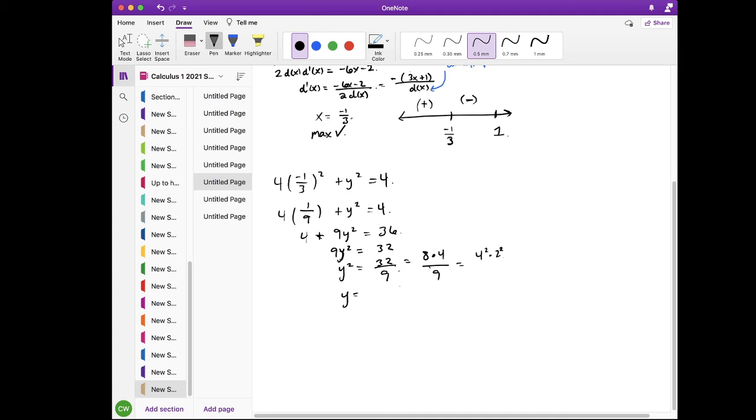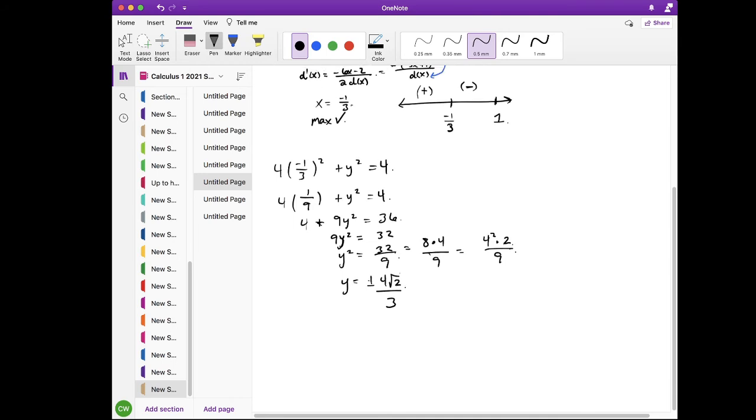Yeah, so it's definitely over 3. 4 square root 2. Oh, why did I say 4 squared? This is, yeah, 4 squared times 2. Yes, good. So plus or minus 4 root 2 over 3.